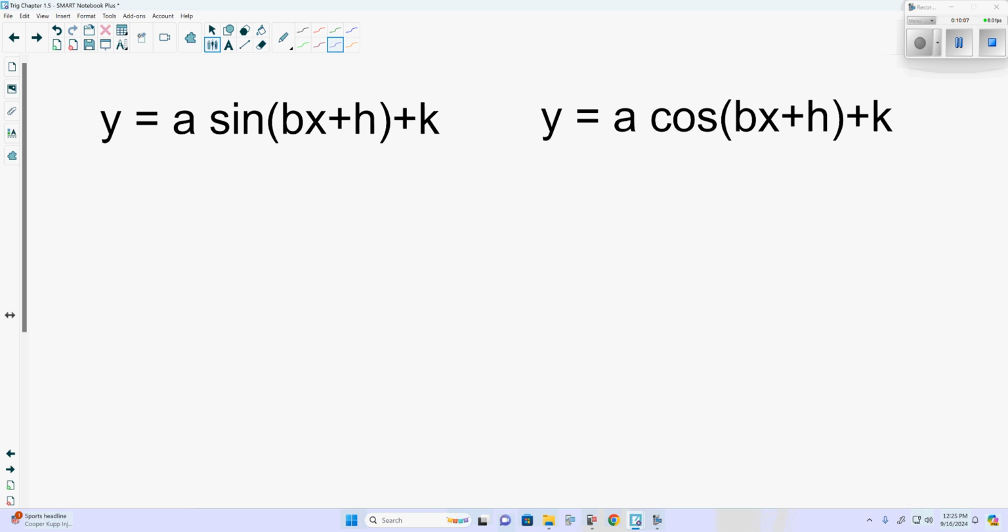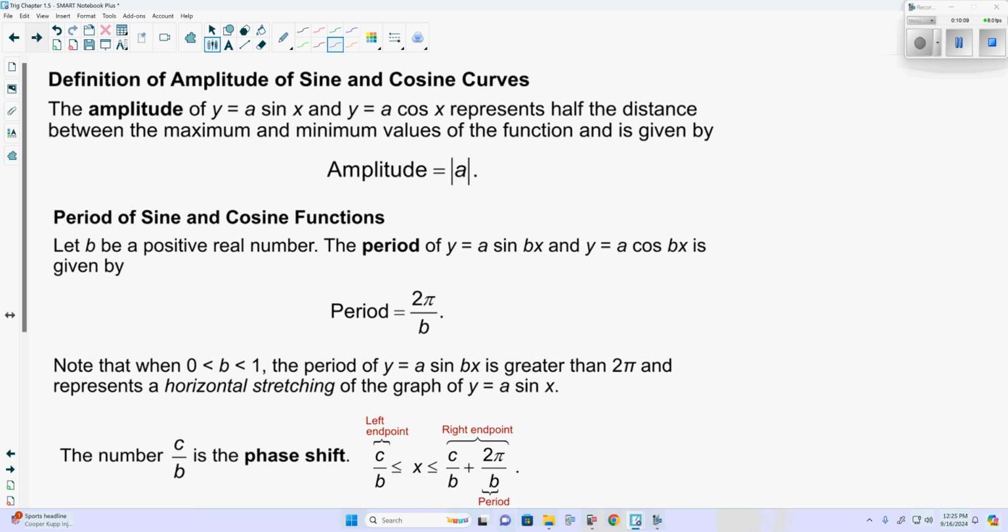Now we do have some of that information here. The amplitude of y equals a sine of x and y equals a cosine of x represents half the distance between the maximum and minimum values.